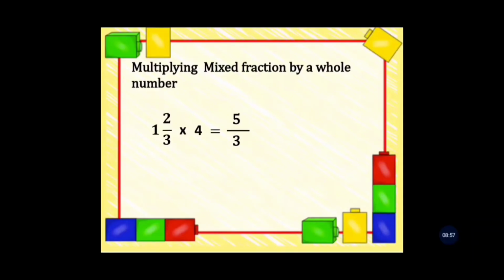So, 1 and 2/3 now is changed to 5/3. Then, pagkatapos niyan, lipat natin yung multiplication sign here. Then, after that, yung whole number na 4. Okay? So, since na-change na natin ang 1 and 2/3 sa 5/3, pwede na tayo mag-multiply.